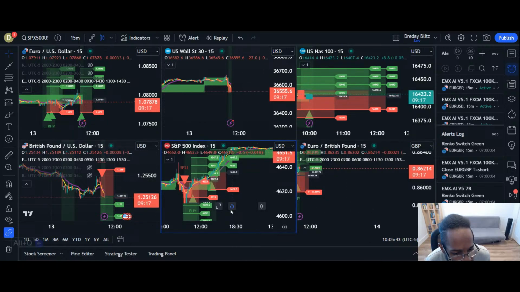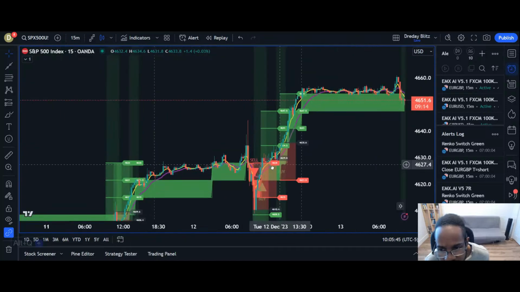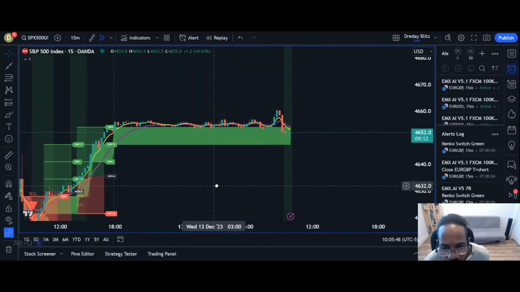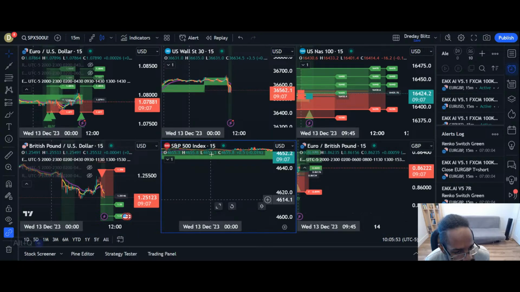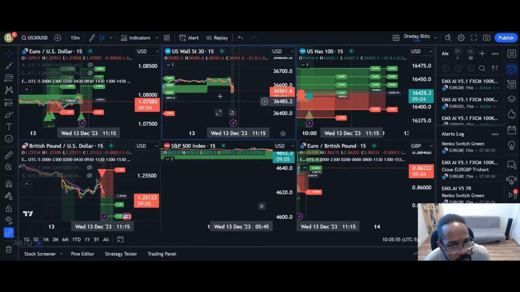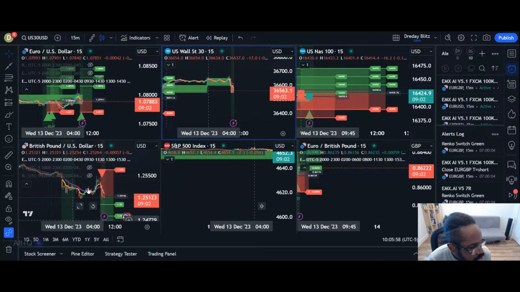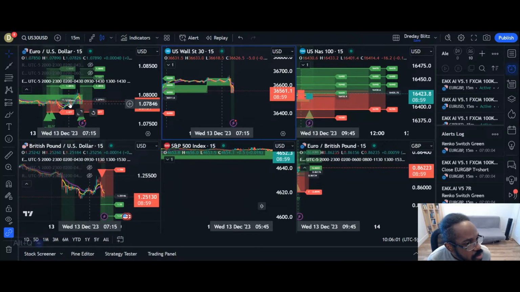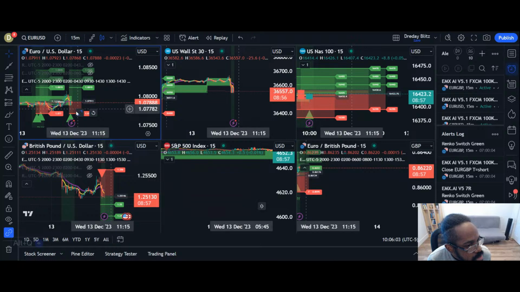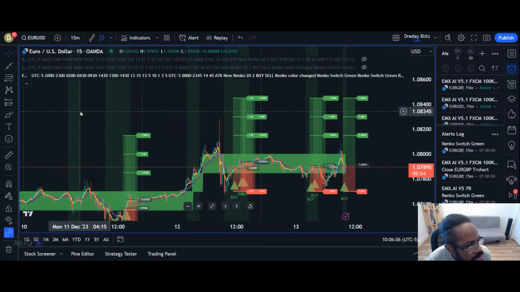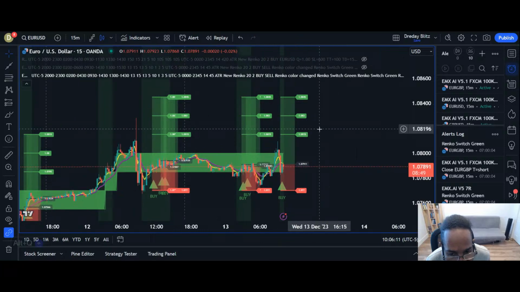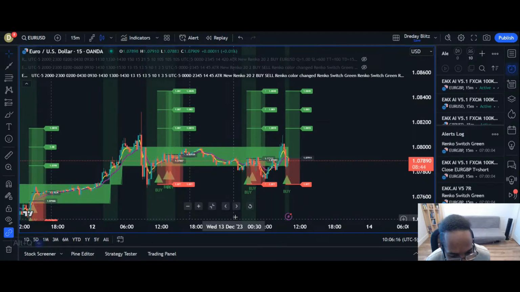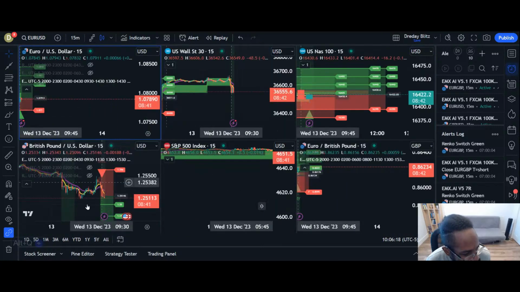Even US, but yesterday was good trades yesterday. We had a switch here on US 30, so we're expecting to go short, and Euro USD gives us a buy, but we'll wait and see.